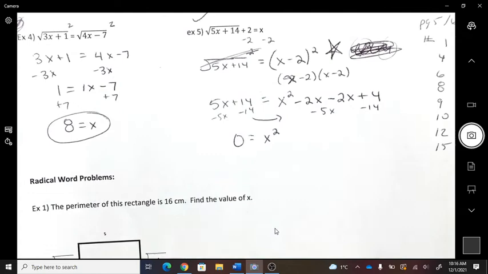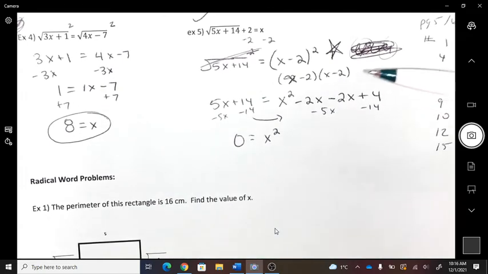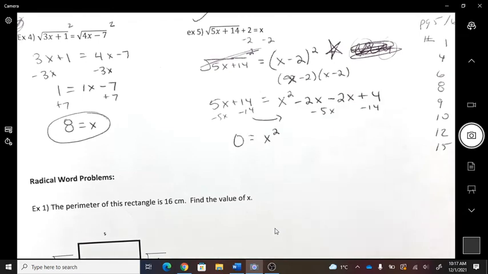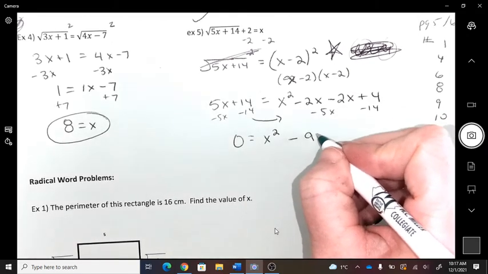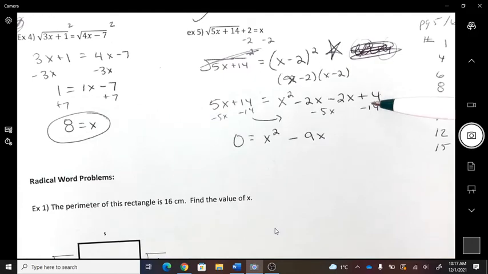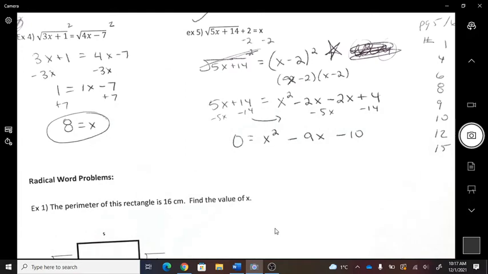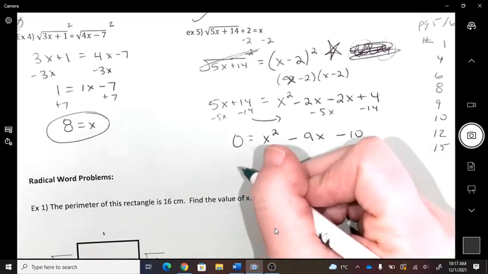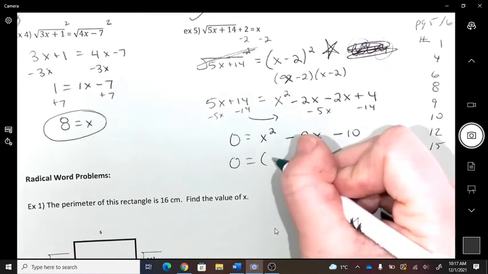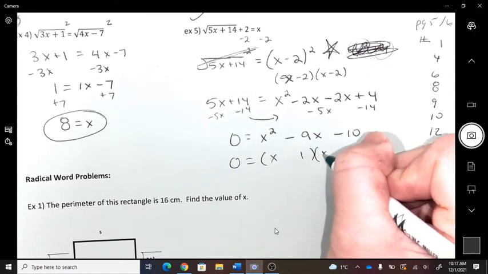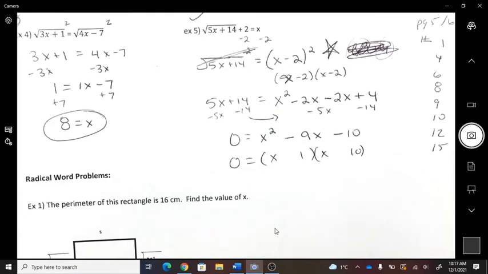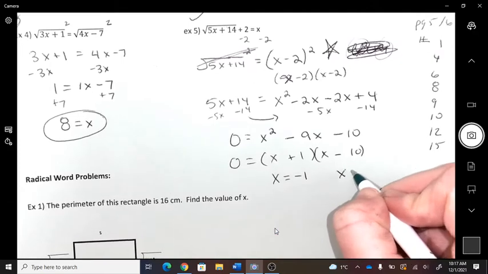So x squared, what is a negative 2x and a negative 5x? Negative 9x. What's 4 subtract 14? Negative 10. Now this is a simple trinomial. What could multiply to 10? 1 and 10, and I need to get a negative 9 out of it. So x equals negative 1, x equals 10.